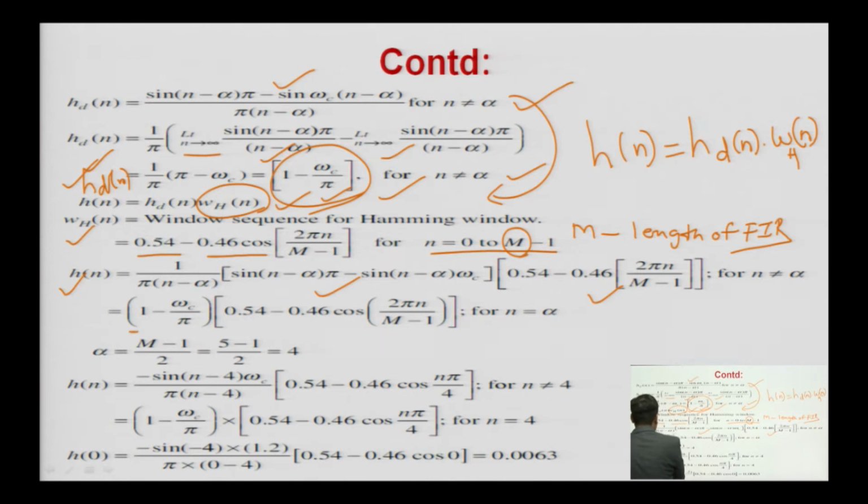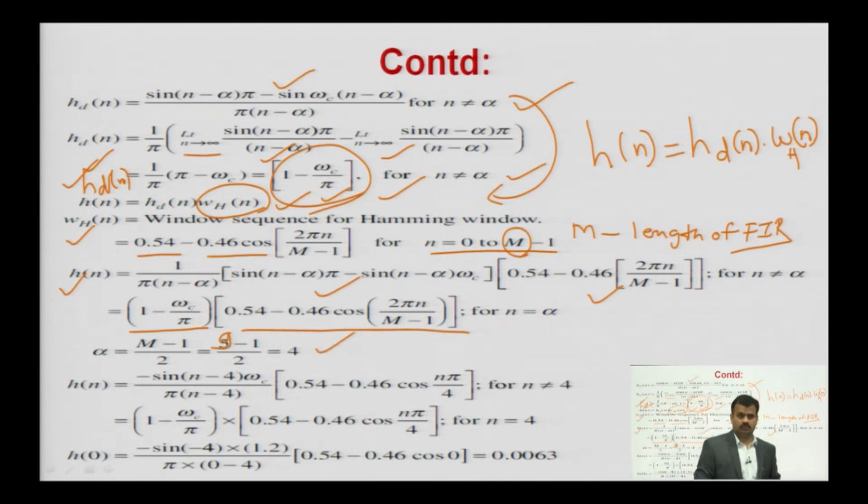So, this is your h_d(n) into this is your w_H(n), for n equal to α. Now, how do you calculate α? α is equal to M minus 1 upon 2. So, M here is 9, 9 minus 1 upon 2, it is equal to 4. So, you are calculating α here, this is the formula that I also told you previously in my class.